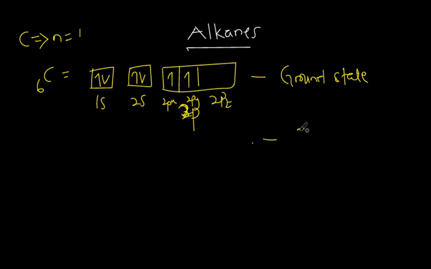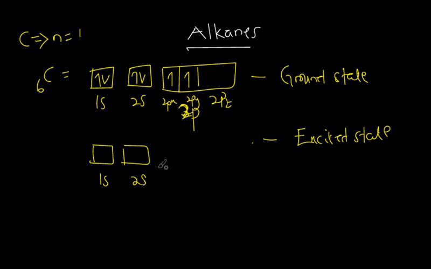Now in the excited state, we have the 1s, 2s, and then the 2p. So we have 1, 2. During the excited state, one electron is excited, so it moves from here to the 2pz empty orbital over here.